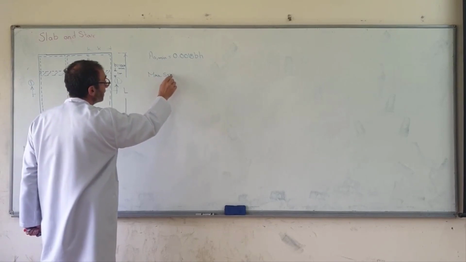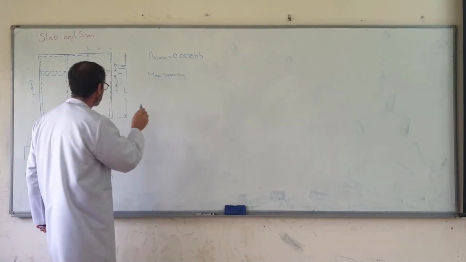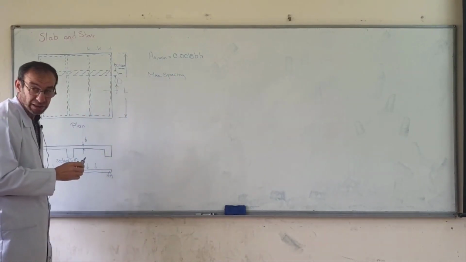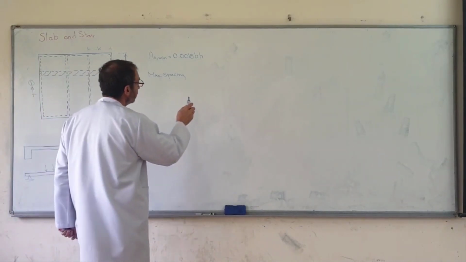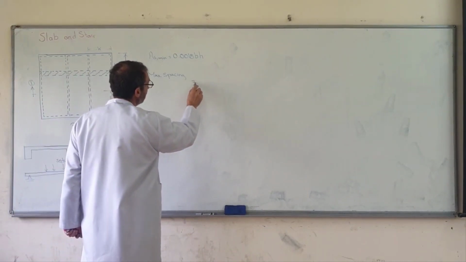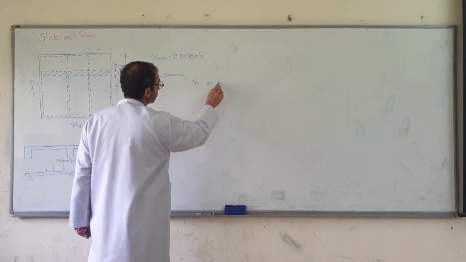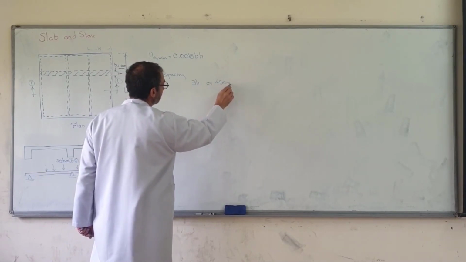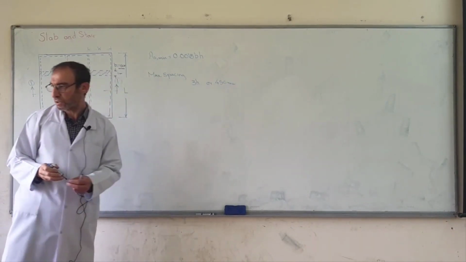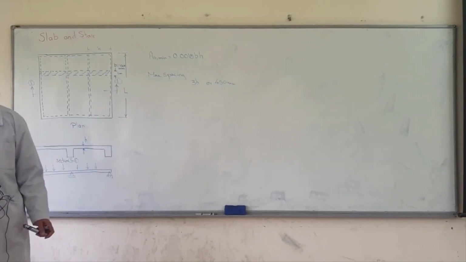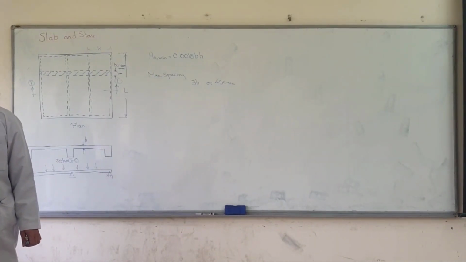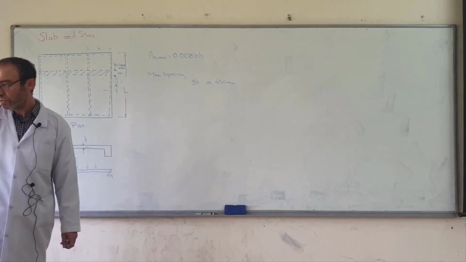We also have a limitation for the spacing. The maximum spacing between the reinforcement is 3h or 450 millimeters, according to the ACI.